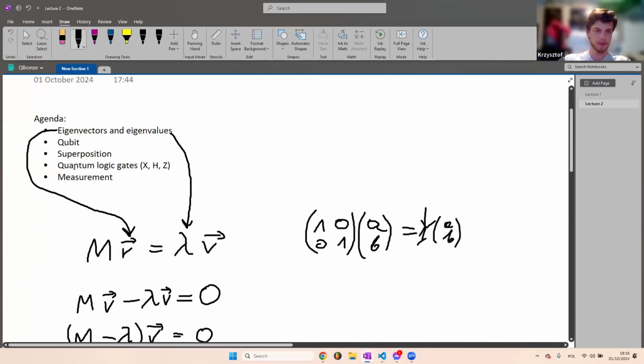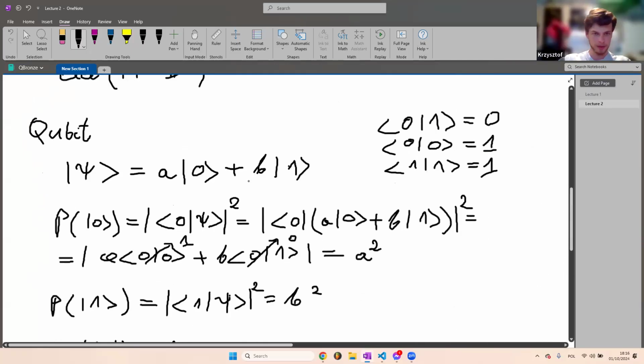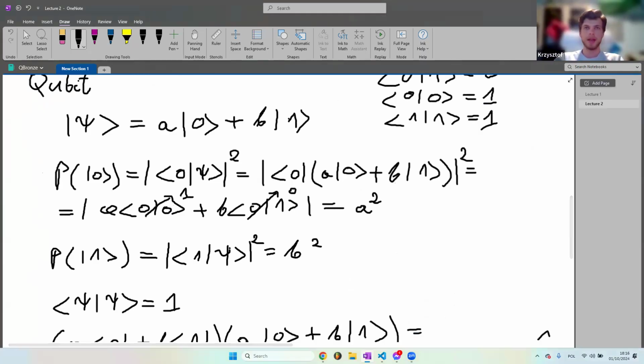So next we have the superposition. You can imagine superposition as the flipping coin we talked about yesterday. While the coin is flipping, you are not able to determine whether it's heads or tails because it's spinning and it's not in a stationary state.